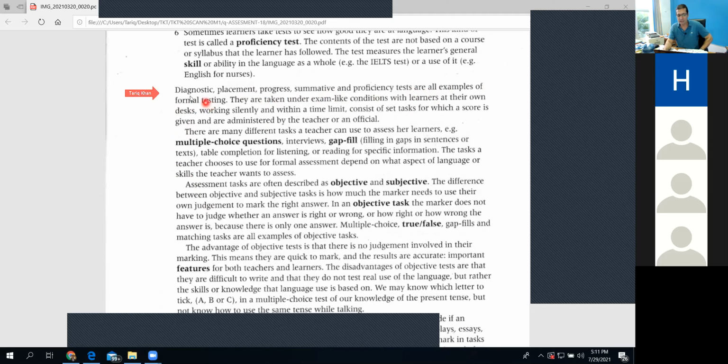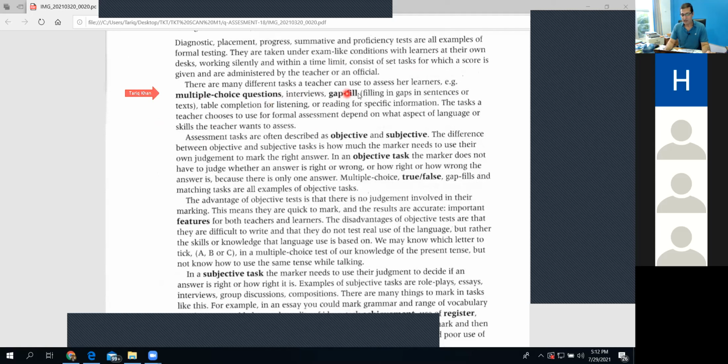They are taken under exam-like conditions, with learners at their own desk, working silently within a time limit, consisting of set tasks for which a score is given, and/or administered by the teacher or an official. So that is exam-like condition, we take it, and that is called the formal way of testing.